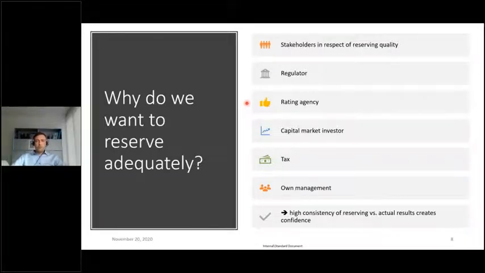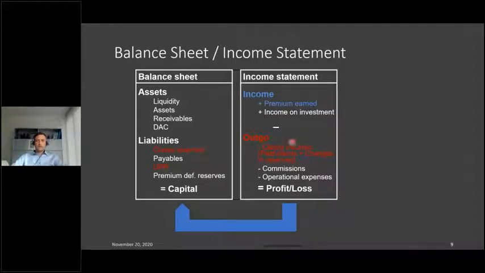to secure policyholders' interest. If we come to the next slide, please, we will also see the immediate impact that reserves clearly have on the income statement, with setting reserves, with incurring reserves, or even with strengthening reserves. We are reducing our profit. And that's at the end of the day what we tried to express earlier.